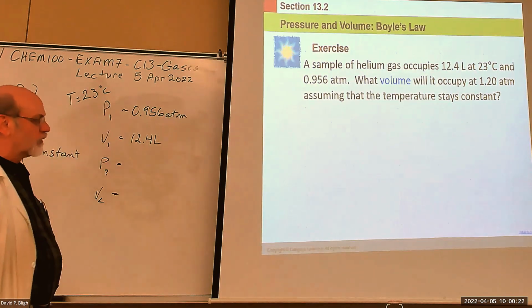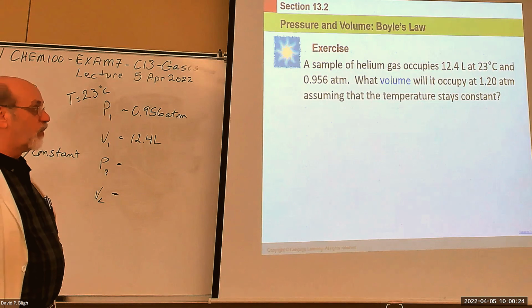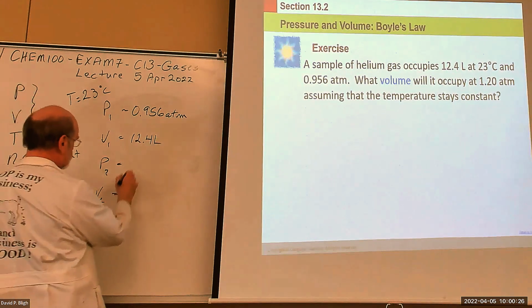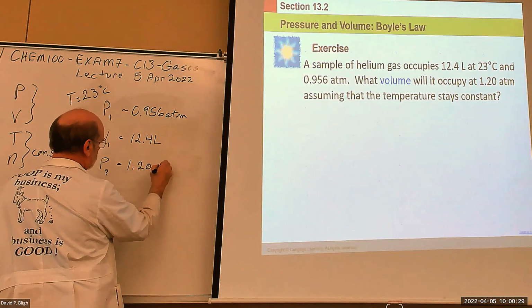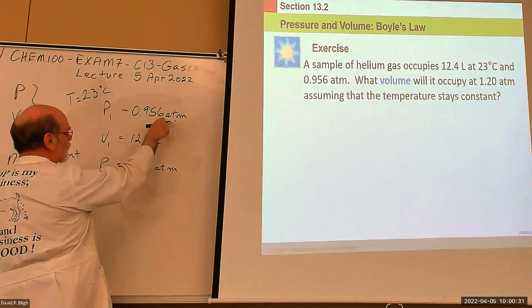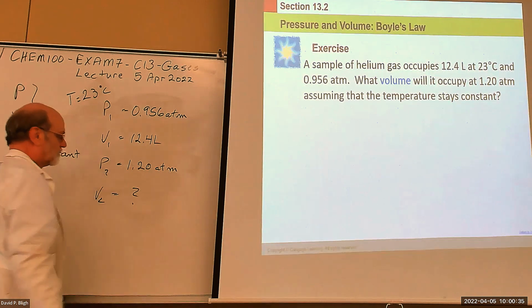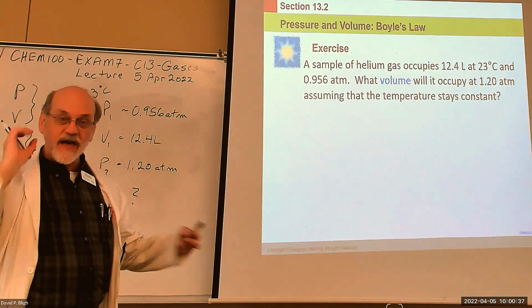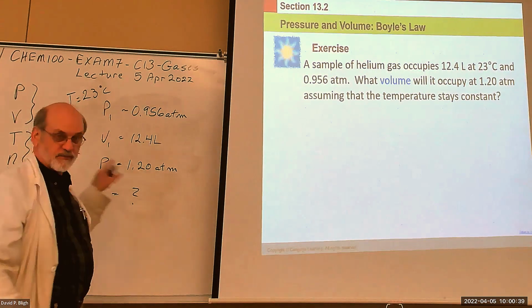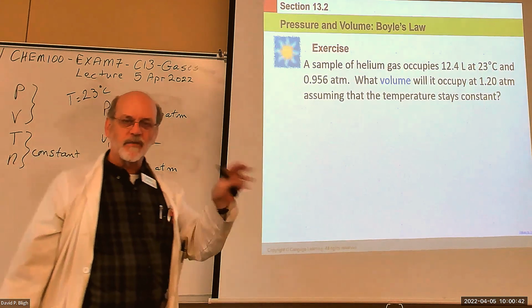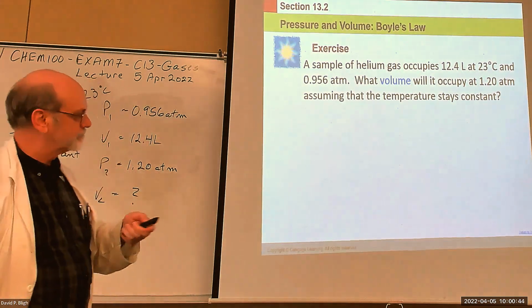All right, what volume will it occupy at 1.2 atmospheres? So we're increasing the pressure from here to here. What's this one? Now you have all your information out here in its proper place. You can plug it in the formula and get your answer.